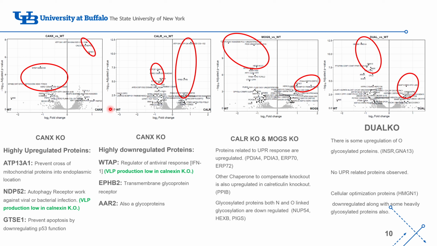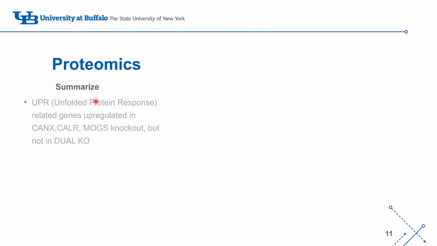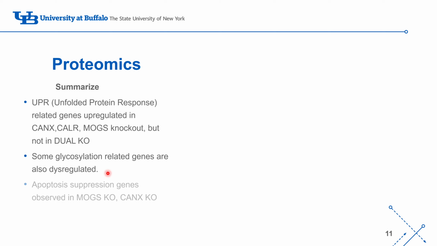In calnexin knockout also, we can see some upregulations. Whereas in dual knockout we do not see any upregulated UPR proteins, and some of the glycosylation related proteins are also dysregulated. And finally, we have seen the apoptosis suppression that is observed in the MOX and calnexin knockout.